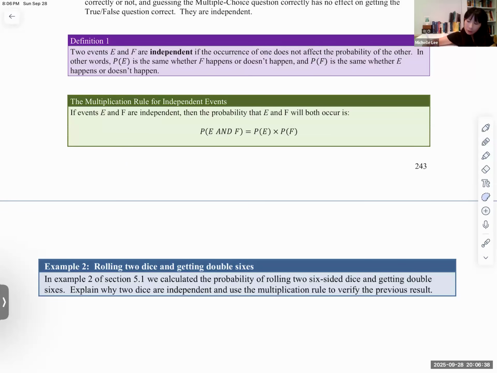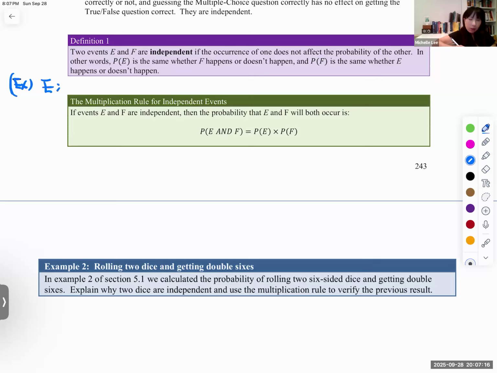Okay, so we have two events, E and F, that are independent if the occurrence of one does not affect the probability of the other. Okay, what does this mean? I can give you an example.